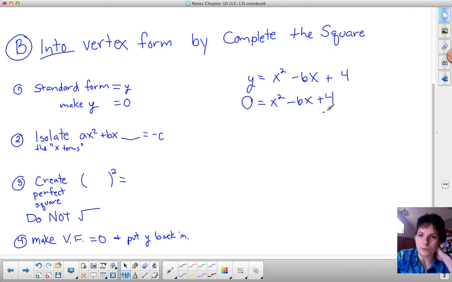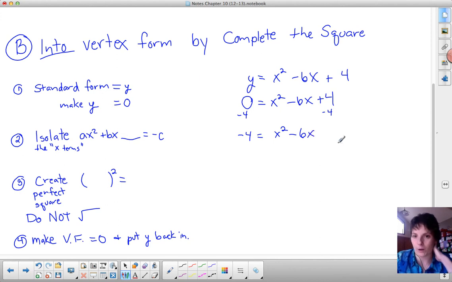So in this case, that means we're going to subtract 4, because this is not a perfect square trinomial. So we're getting to isolate the x terms, is what we call it. So we'll have -4 equals x squared minus 6x.